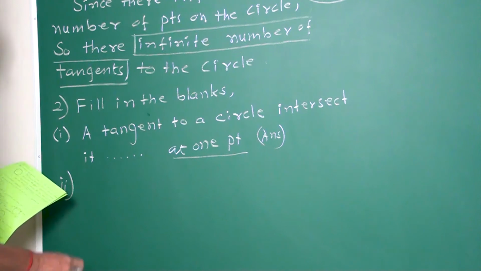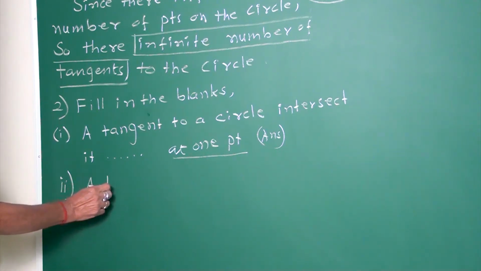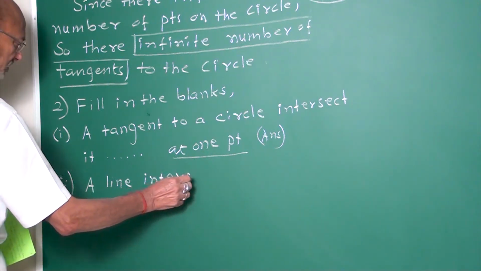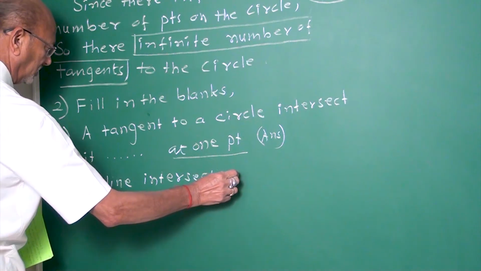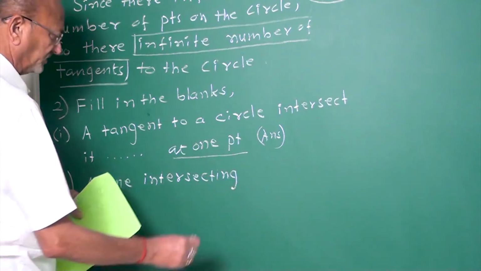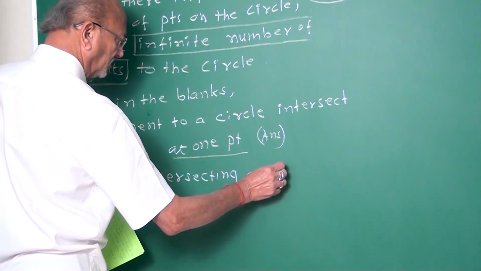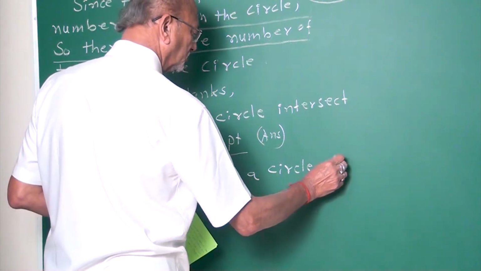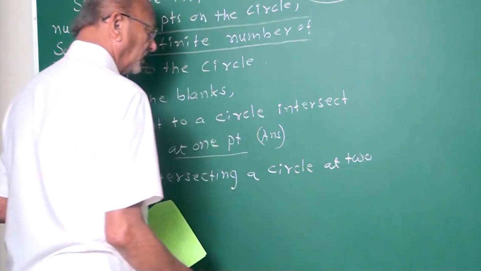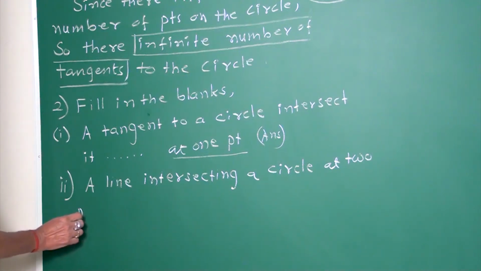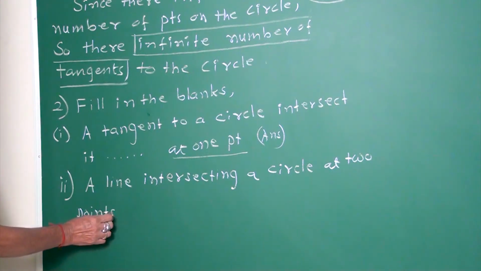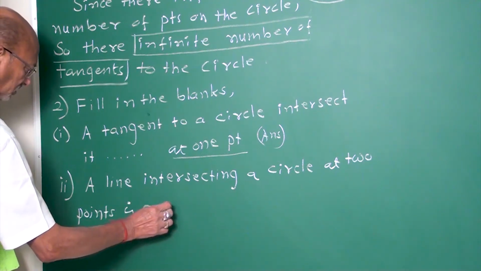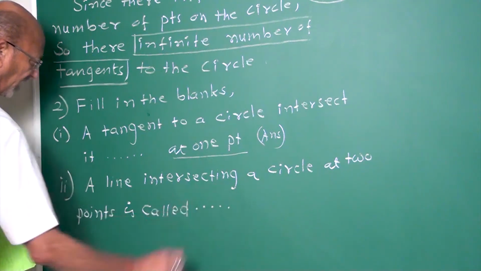A line intersecting a circle at 2 points is called dash.